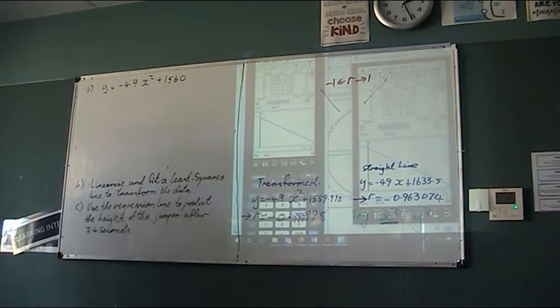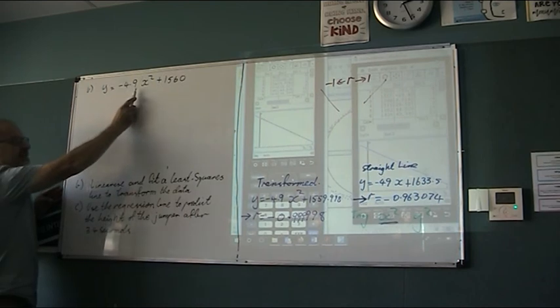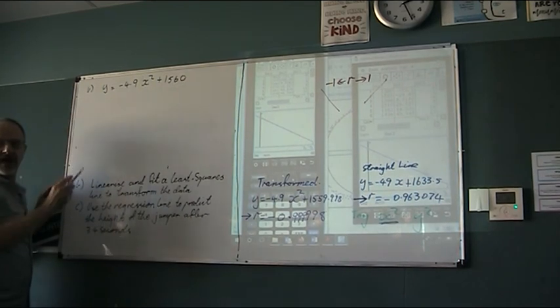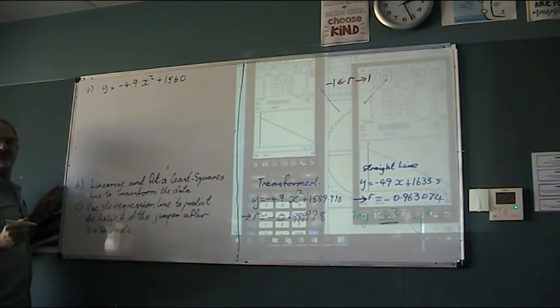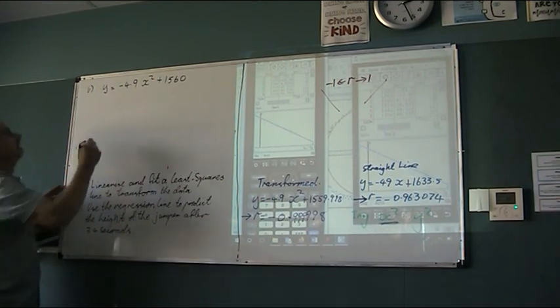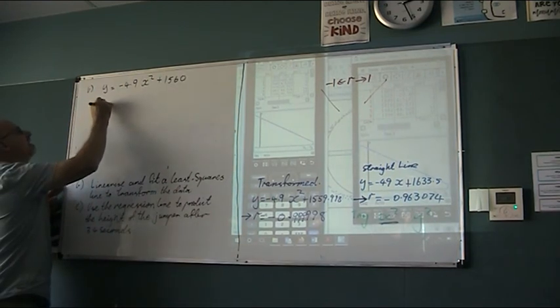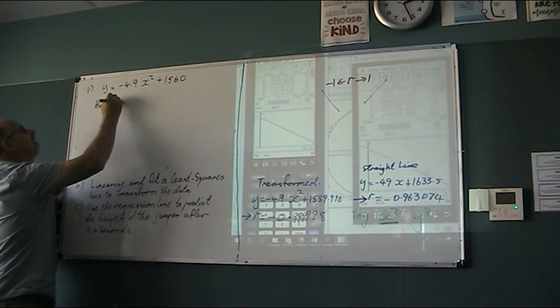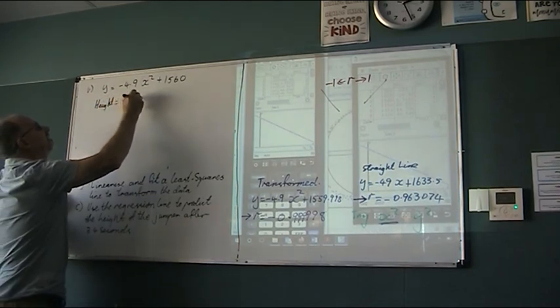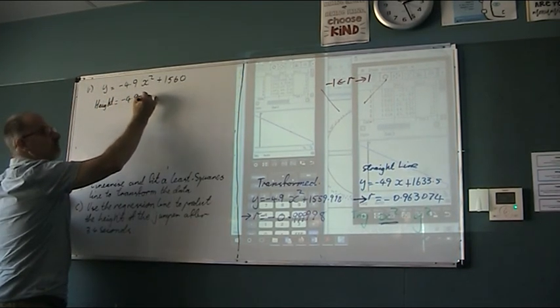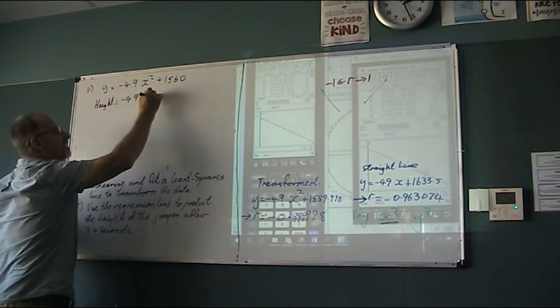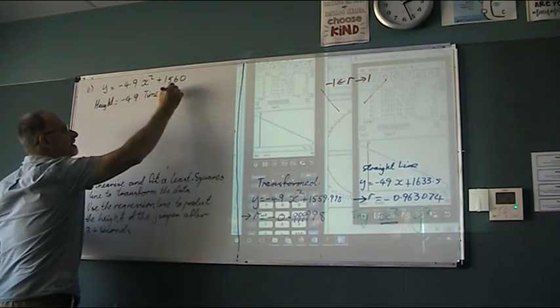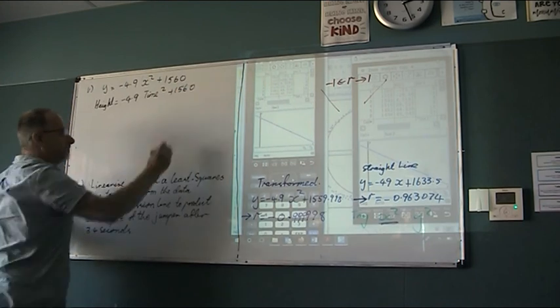Now, don't forget, we need to write our equation in terms of our variables. And y was the height, yes? Yes. And x was the time squared plus 1560.